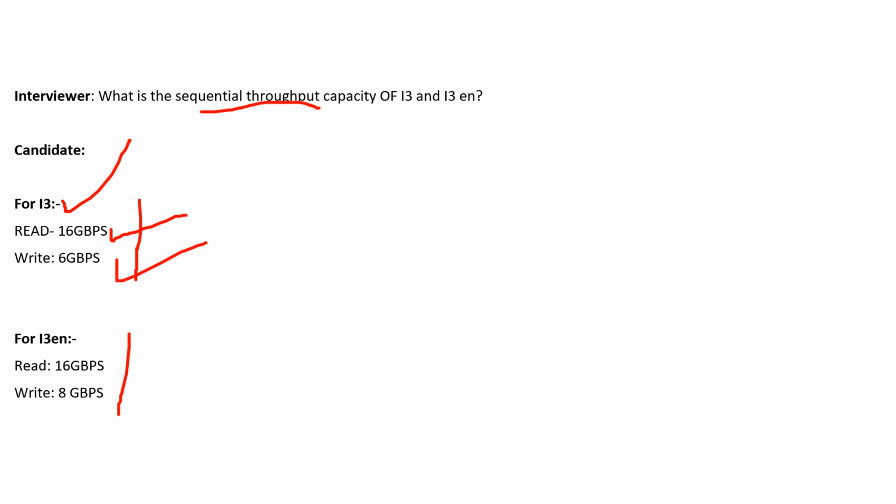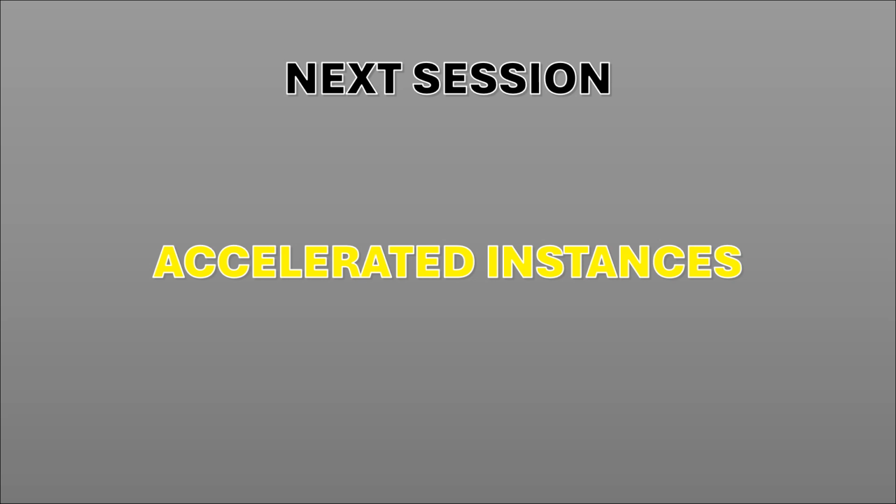Since i3en is more advanced, read would be the same for i3en and i3, and write would be increased by 2 Gbps, which ultimately comes to 8 Gbps.